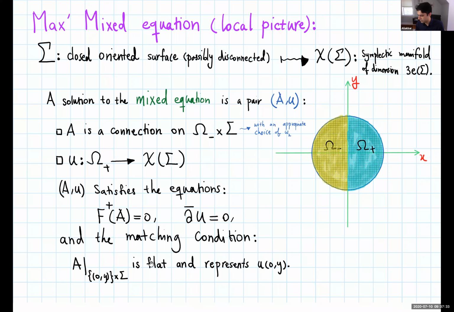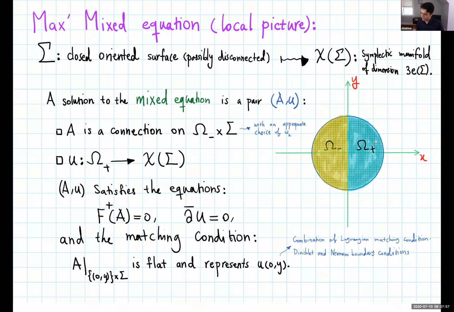And furthermore, this is supposed to be the class represented by this connection, the isomorphism class of this flat connection, is supposed to be the same as the value of your map U at the point (0, y). So this is some sort of the analog of the Lagrangian matching condition in Atiyah-Floer theory.